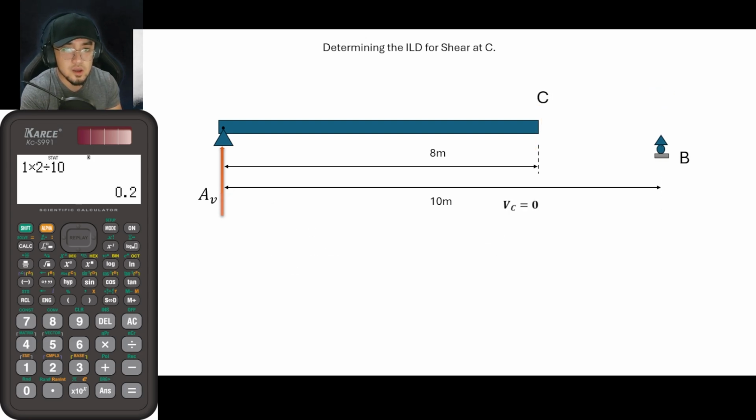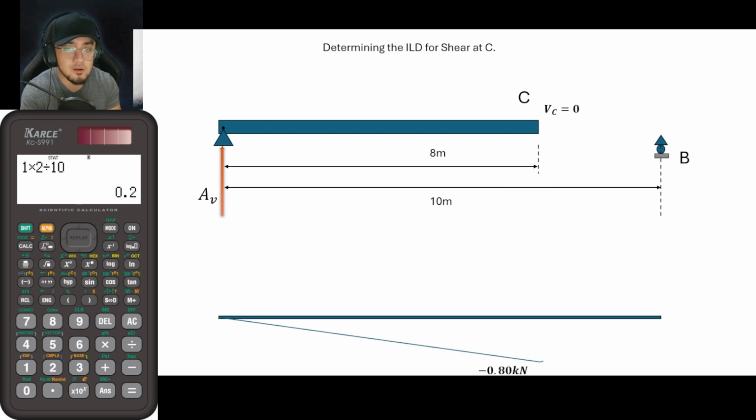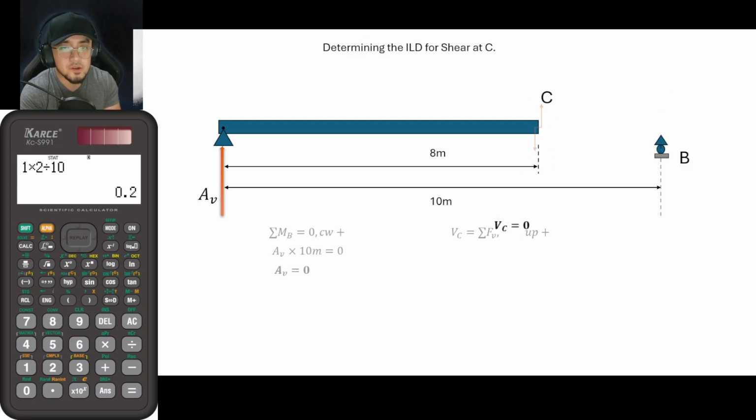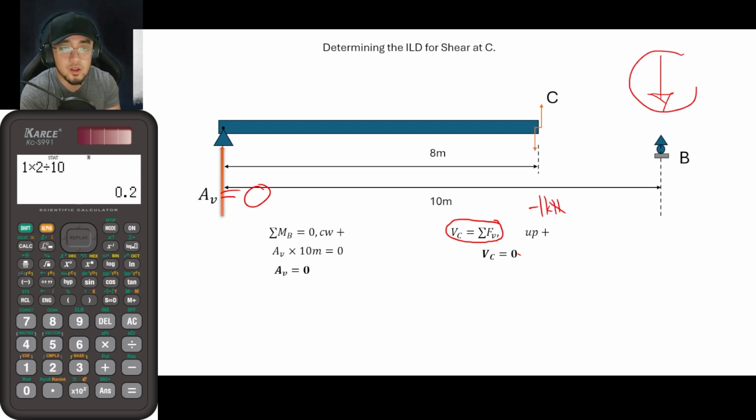By the way, before I proceed, in the summation of forces vertical, why didn't we include the negative 1 kilonewton or the unit load? The reason is that when we cut a section here and chose the left, this unit load is on the right, which is not included any longer because we only chose one side.